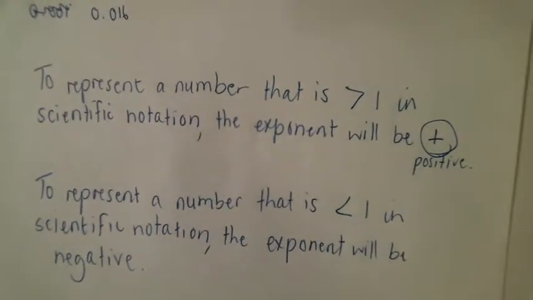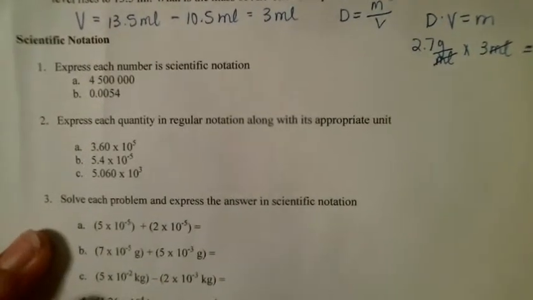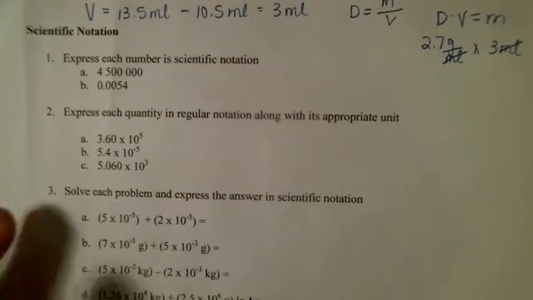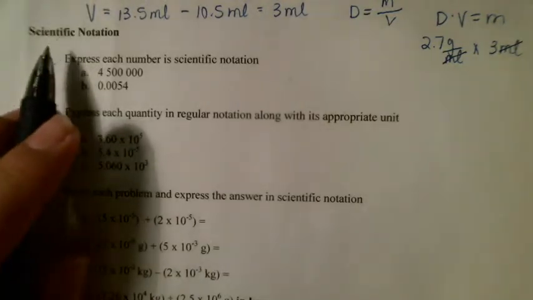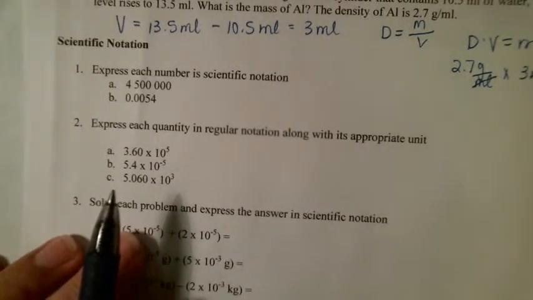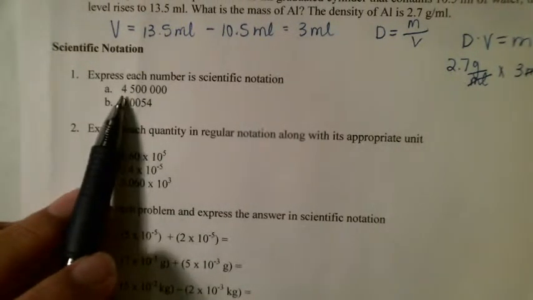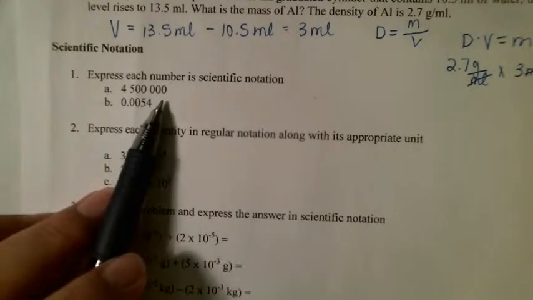Let's go ahead and look back at that example page. Under scientific notation, number 1 says, express each number in scientific notation. So this is 4.5 million, or 4,500,000.